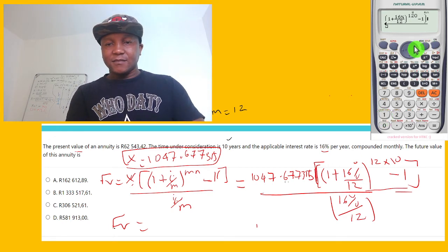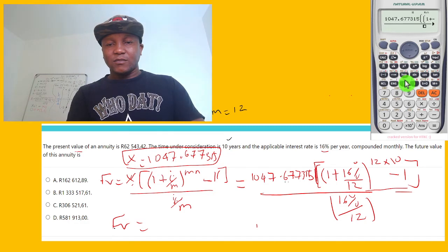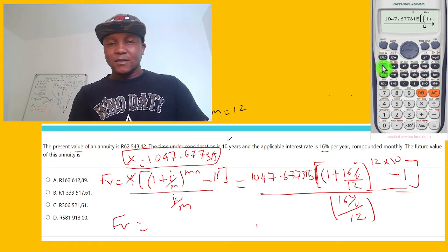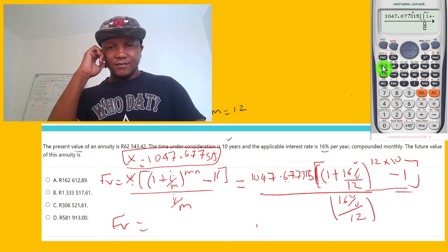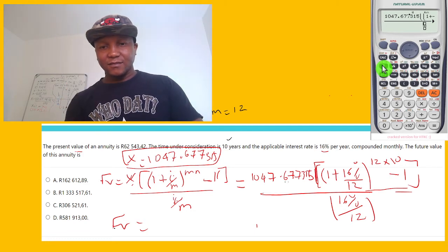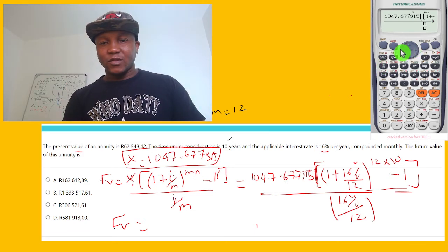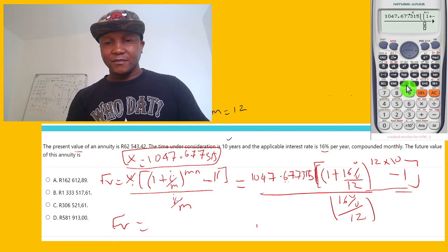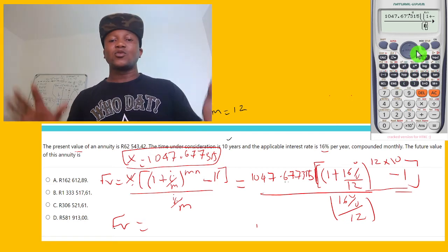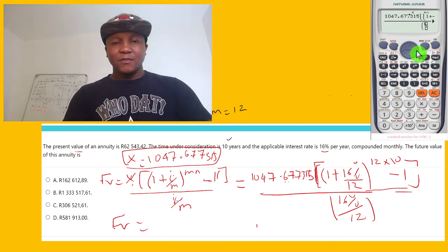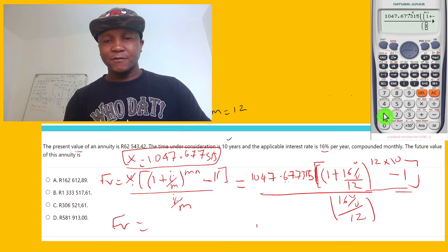Close the bracket. Go to the bottom, put the bracket here. Go to the top. What is the top? i. What is the i? 16%.